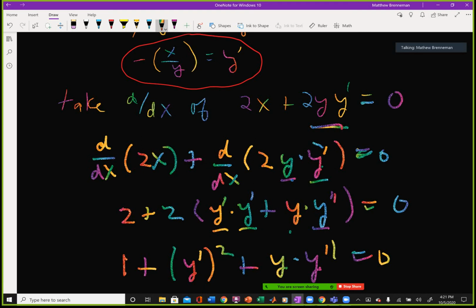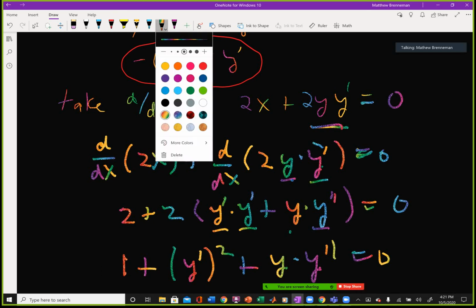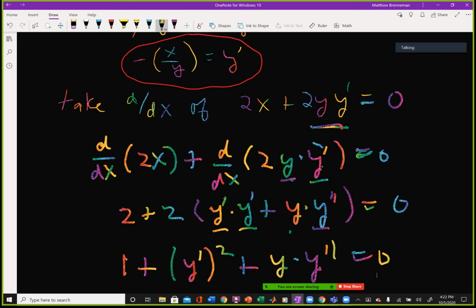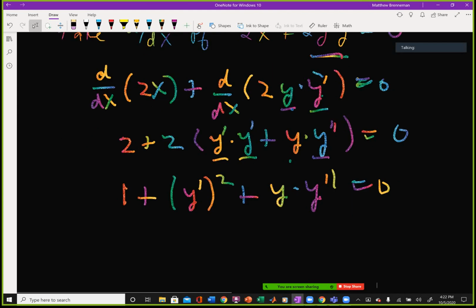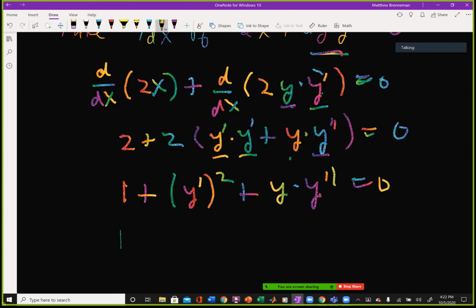Oops, hold on. Pen went out. So go ahead and do that while I'm screwing around with my pen. Go ahead and substitute in for y prime and solve for y double prime. And let's see what you get. So you're going to get 1 plus minus x over y squared plus y times y double prime.